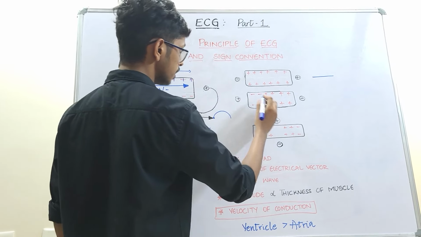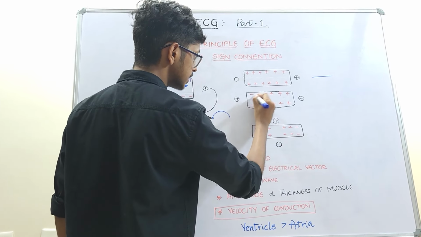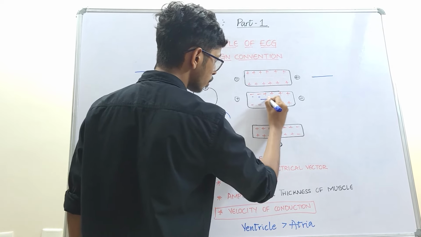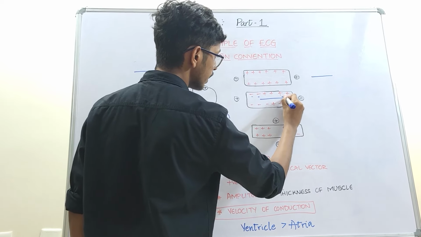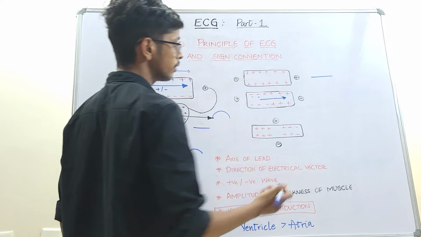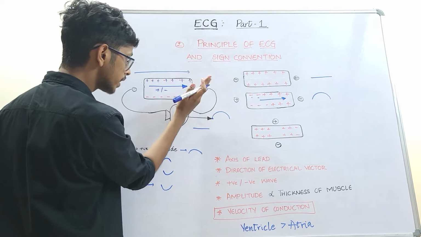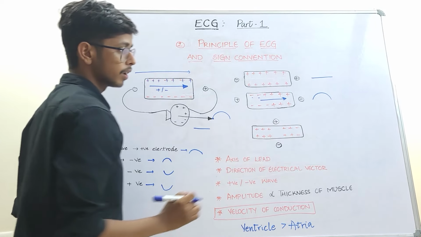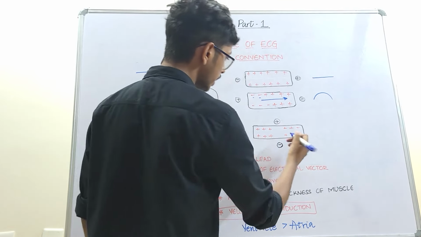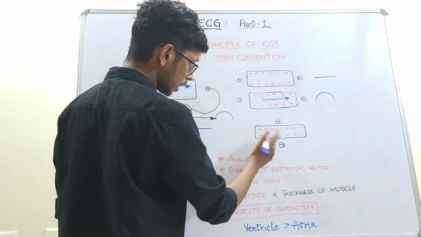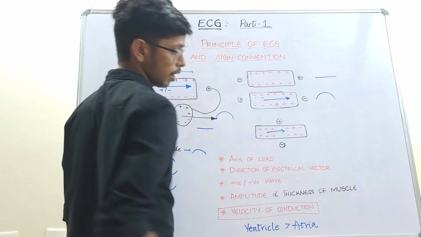In this example, the negative wave is going towards the negative electrode. Whenever the negative wave is going towards negative, we will also get a positive deflection. The ECG will move like this, creating a wave or positive deflection. Finally, if we keep the electrodes perpendicular to the direction of the electric vector, what happens?